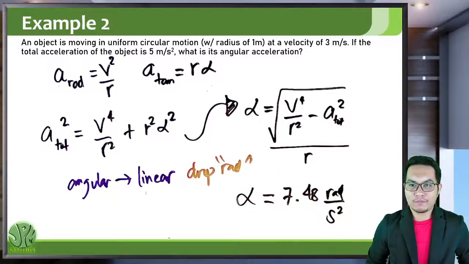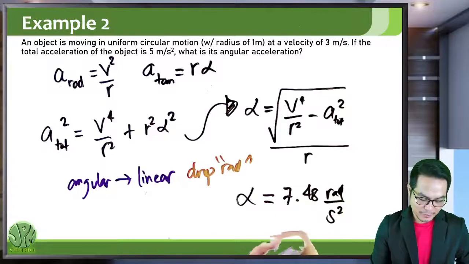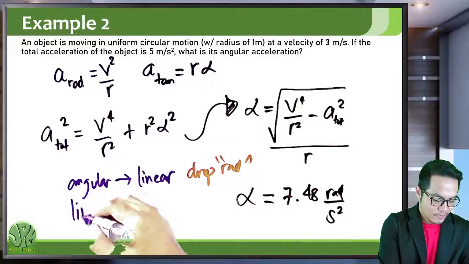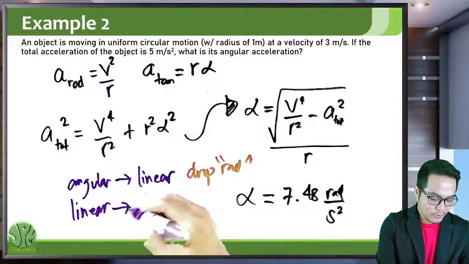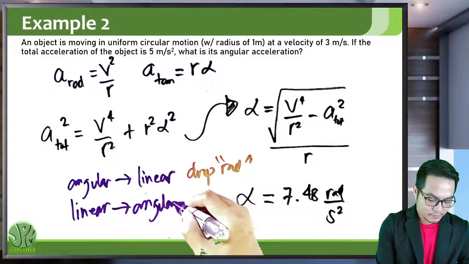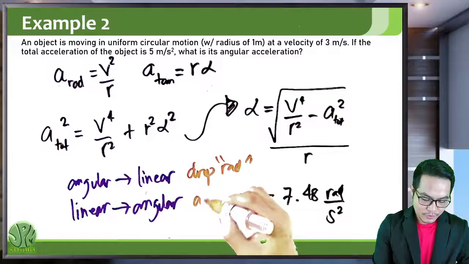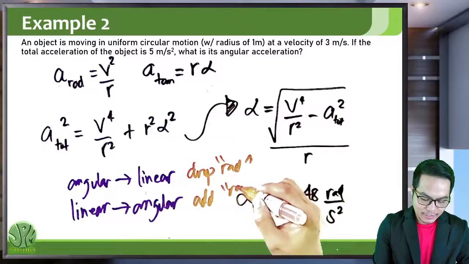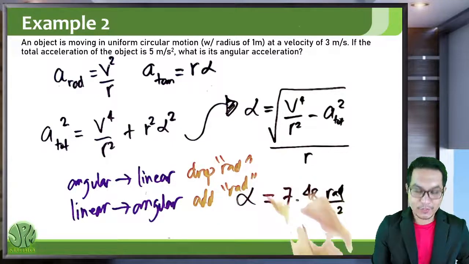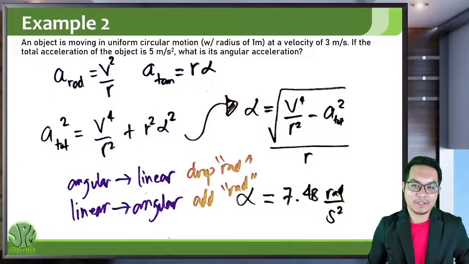You need to discard the radians unit. But for the reverse, from linear to angular, you need to add the radians unit. So please take note of this.